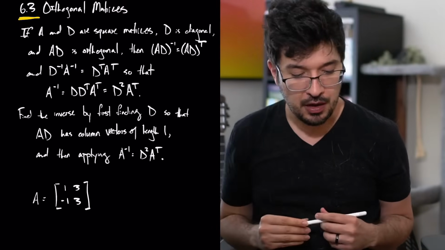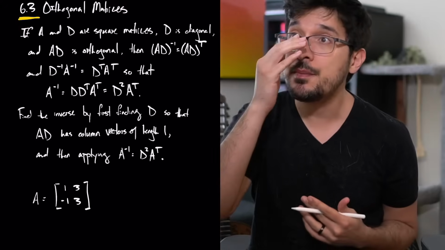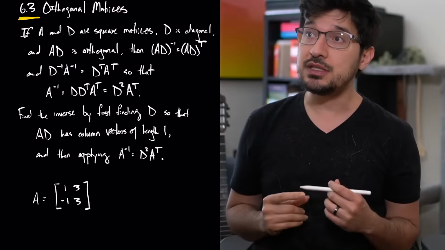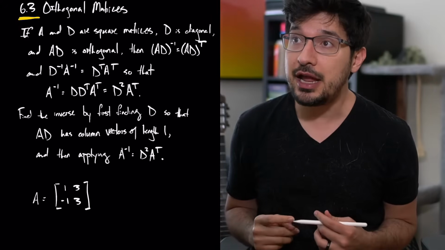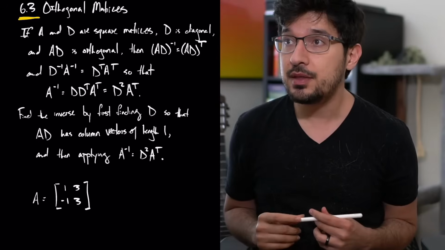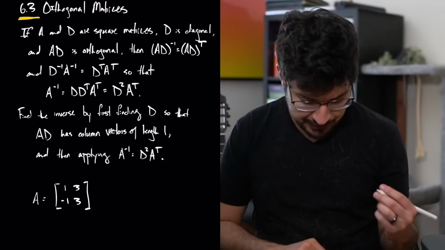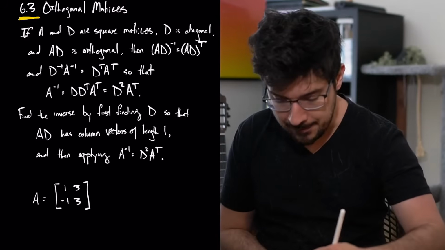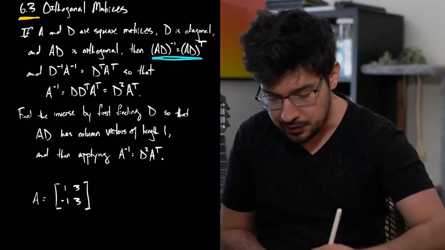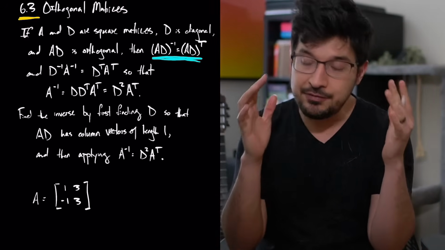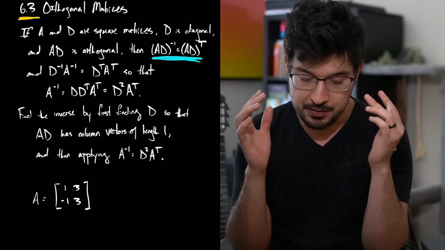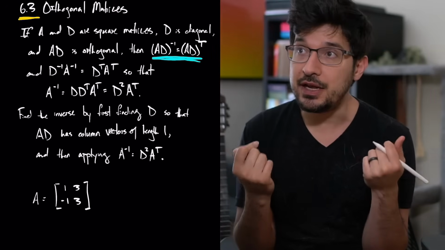Appreciate it. All right, now orthogonal matrices. If A and D are square matrices, D is diagonal, and AD is orthogonal, then by definition of orthogonality, the inverse of AD equals the transpose of AD.